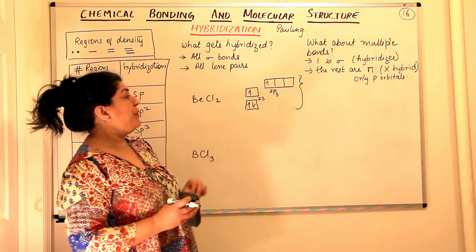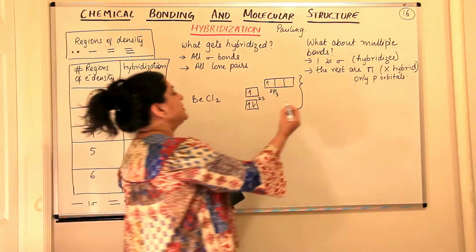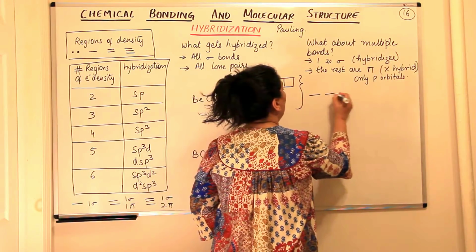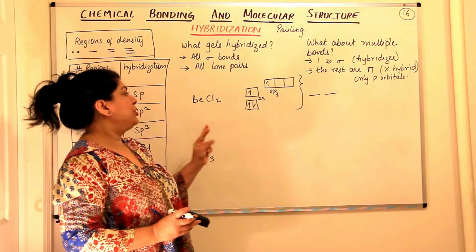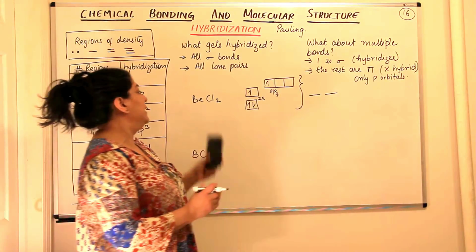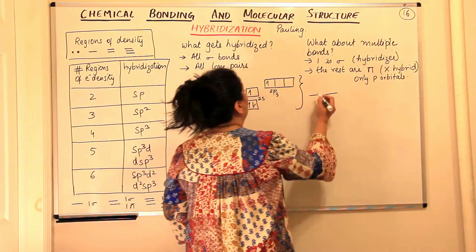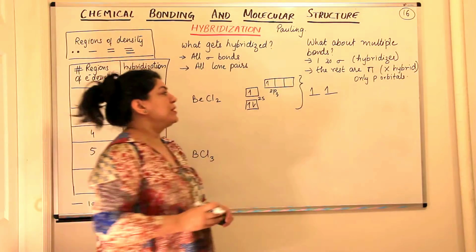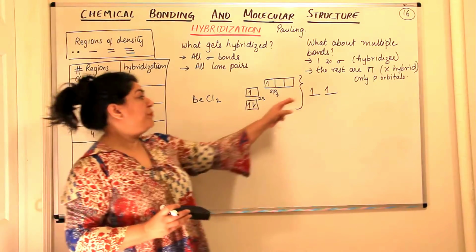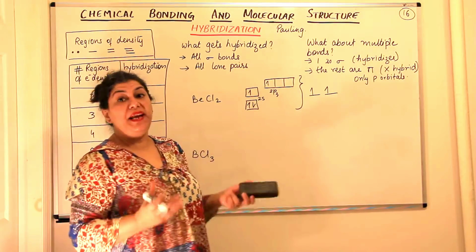Only 2s and 2pz participate and result in the formation of 2 hybrid orbitals of equal energy. Now the 2 electrons would be present in the 2 orbitals of equal energy, and what would their names be?